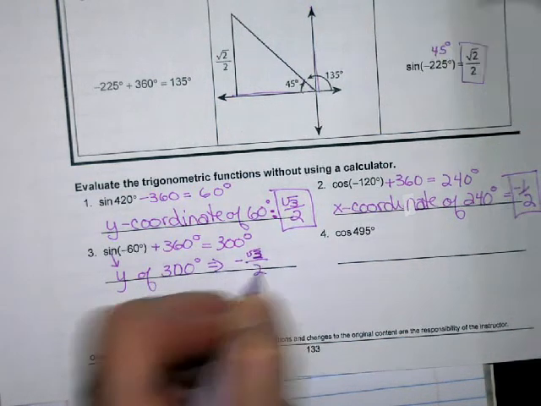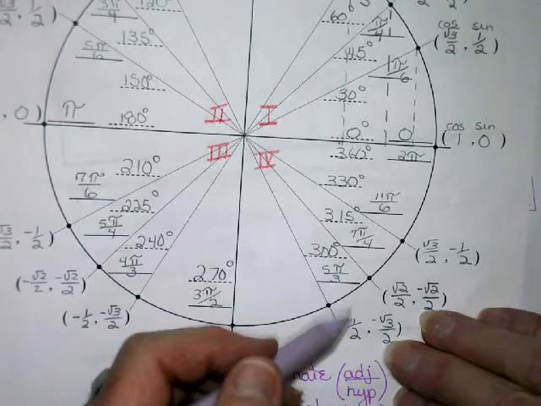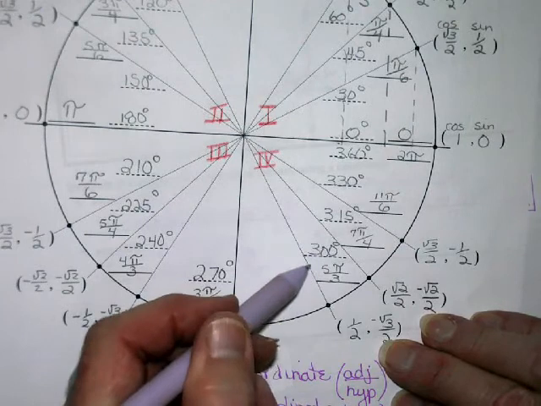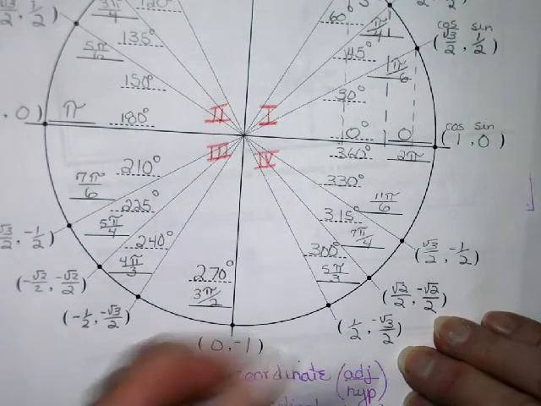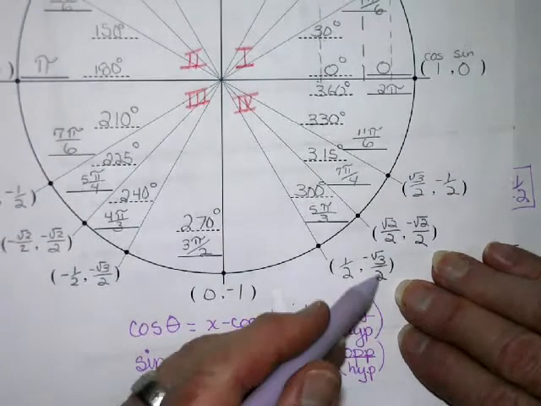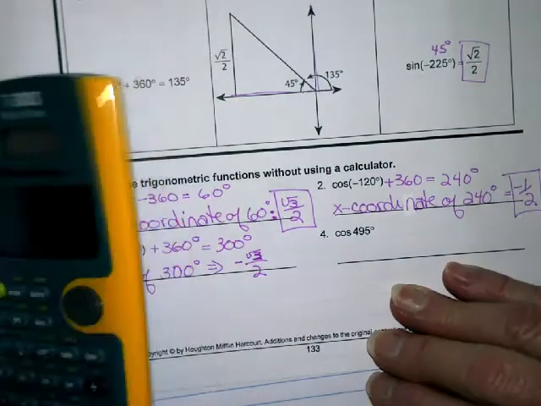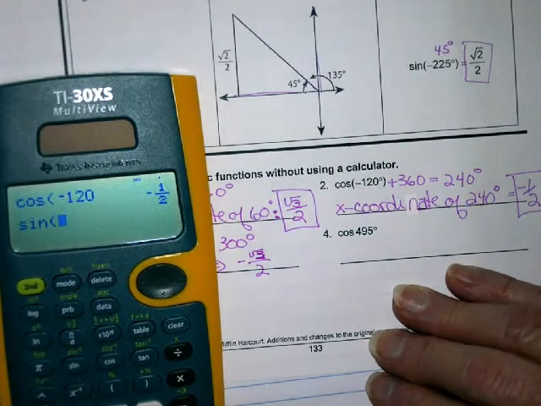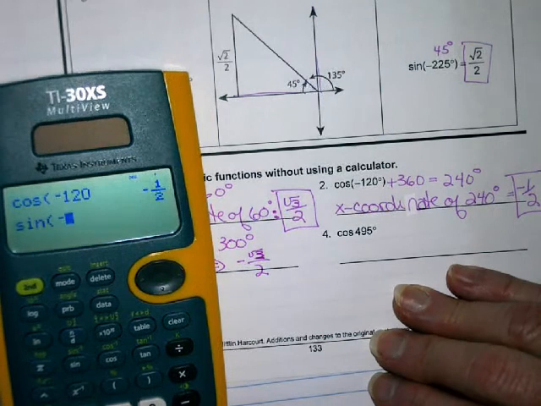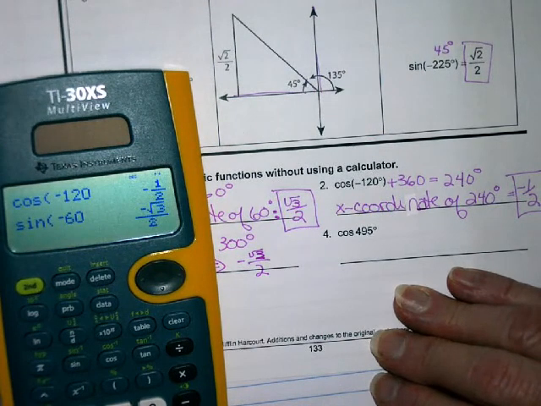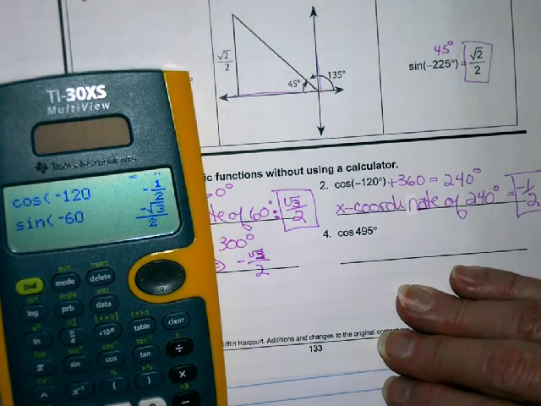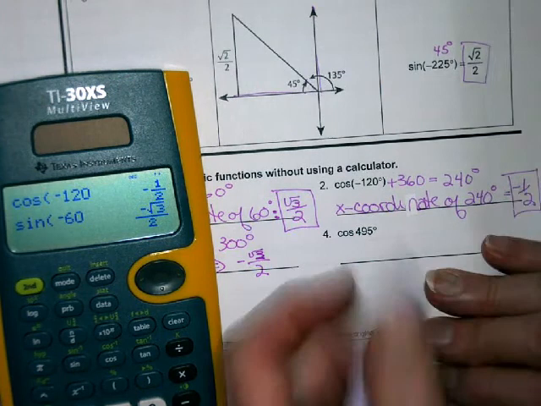Oh, I'm reading the wrong one. Negative square root of 3 over 2. Sorry. There we go. Okay. 300 degrees, it's below its line. So there's where I got my math. And again, verify my idea. Put in, I'm doing the sine of negative 60. There we go.